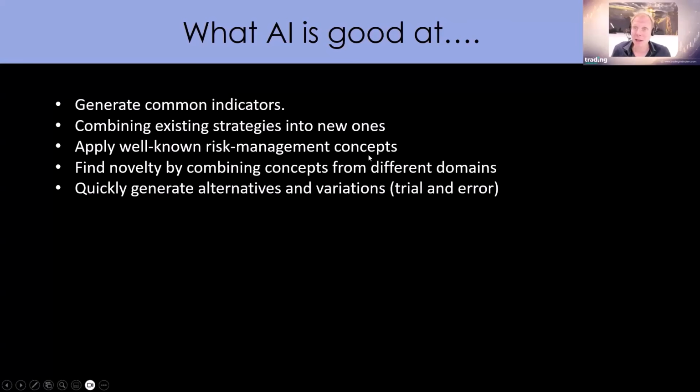AI is also really, really good at giving you lots of different alternatives of an idea. Let's face it, oftentimes in trading, you have a great idea, but it doesn't work out. And of course, if you're coding manually, that's kind of annoying. You spend maybe an hour, 2 hours, maybe a day coding, and it doesn't work out. It's really hard to let go. The sunk cost fallacy is a real thing.